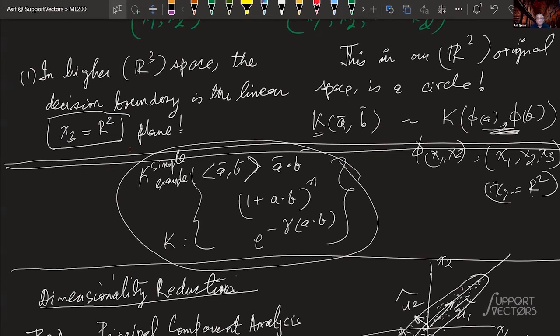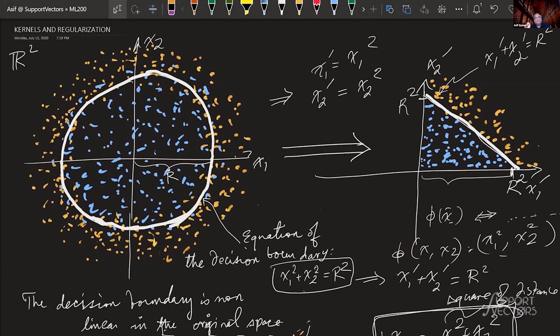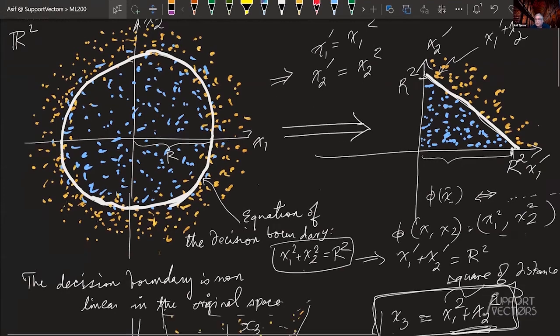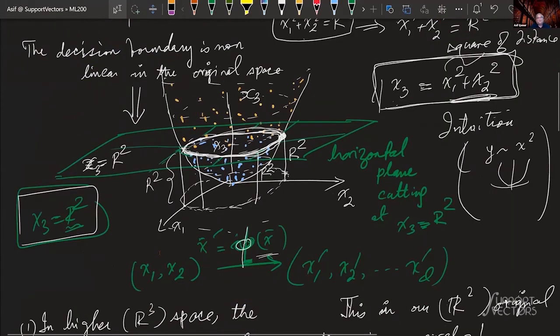For example, if you imagine data in a unit disk like this one, we created an axis x3 equal to x1 squared plus x2 squared. As far as classification is concerned, just one dimension x3 is enough, because at a certain value of x3 we could draw a hyperplane and classify. So from the classification perspective, we reduced the problem to just one dimension, x3.